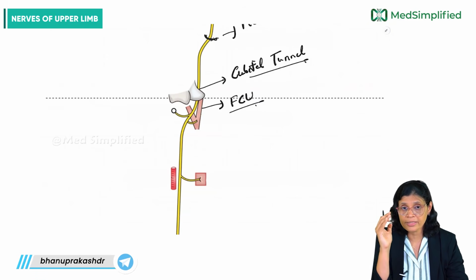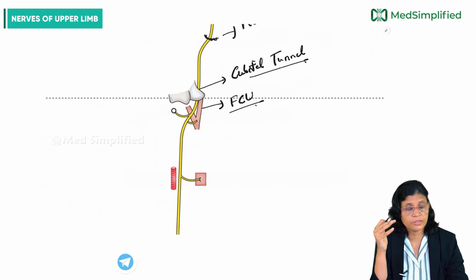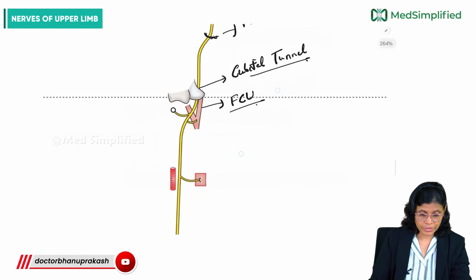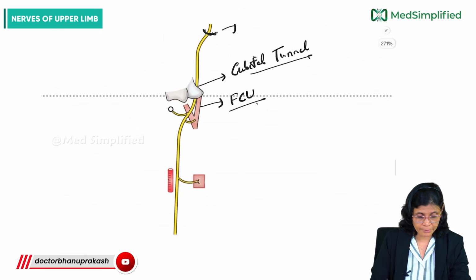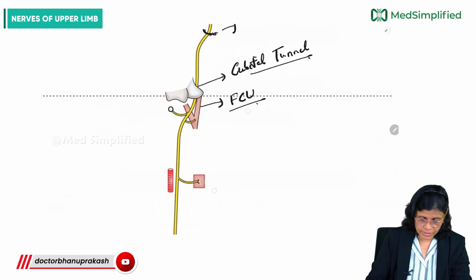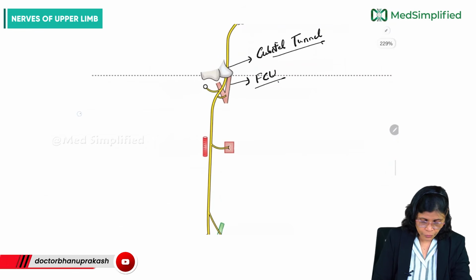The radial nerve passes through supinator, the median nerve passes through the two heads of pronator teres, whereas the ulnar nerve passes through the two heads of flexor carpi ulnaris muscle.